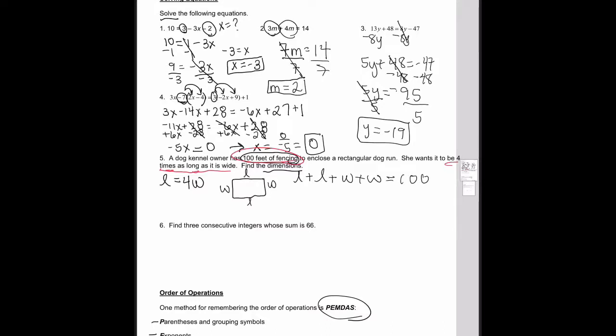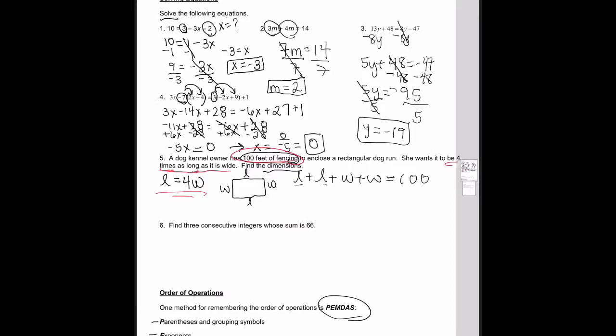All right. Well, we know that the length is equal to 4W, as we've already said. Right now there's not enough information here to find out what L or W would be. We have 2 variables and not enough info. But knowing that the length is equal to 4W, we can replace these L's with 4W.